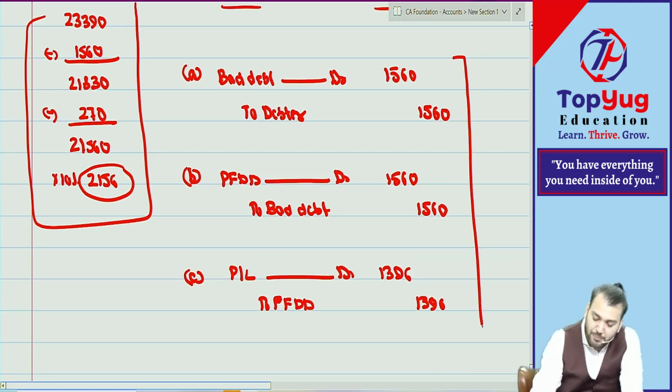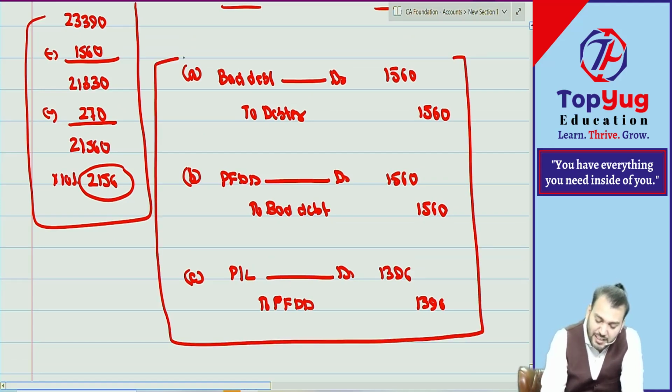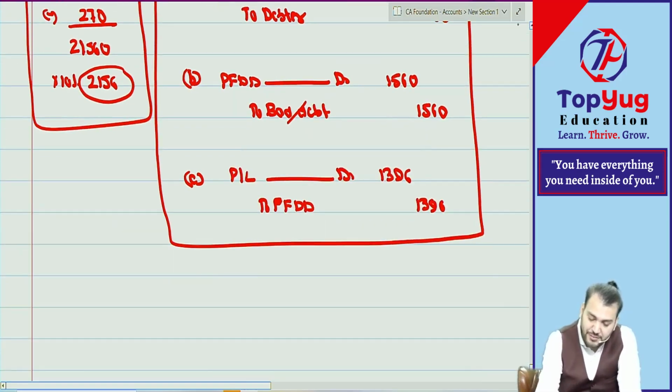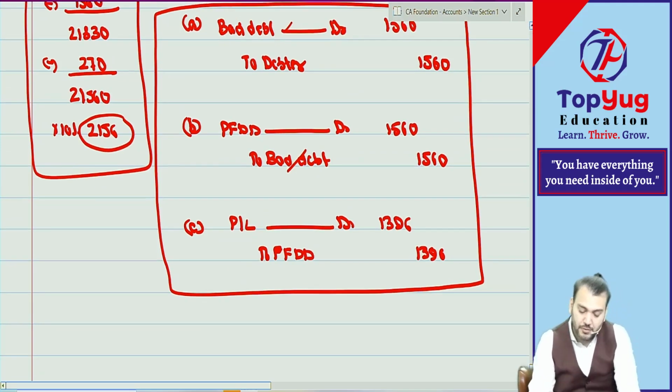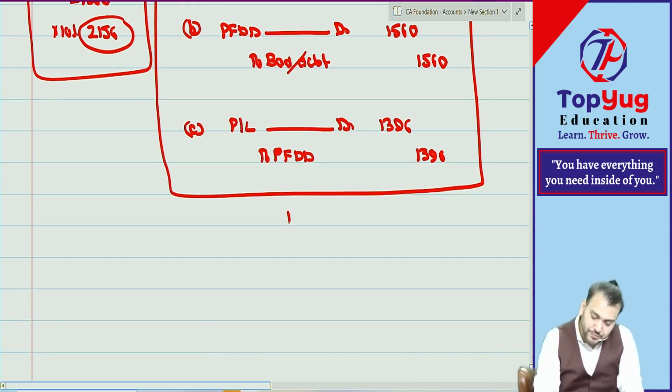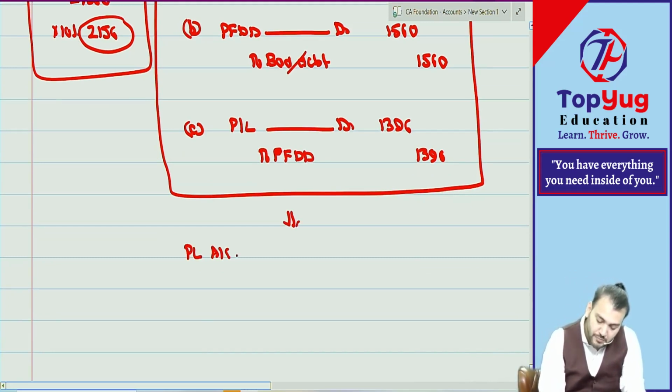If you want to compound all these journal entries, what is the net effect? Can you say bad debt is cut? P&L account debit, 1396. To provision for doubtful debt, how much?